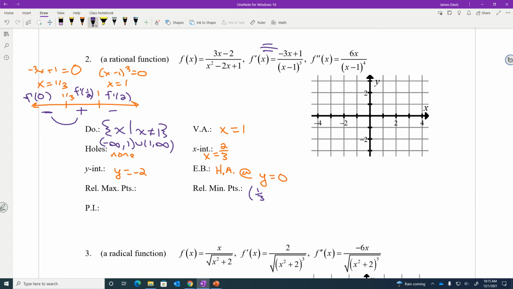And we plug it into the original f of x. So if we plug a third in there, f of a third, that's going to be 1/3 times 3 is 1 minus 2. Plug it into the bottom. You're going to get 1/9 minus 2/3 plus 1. That's not the hardest thing to do here. So -1 on top.